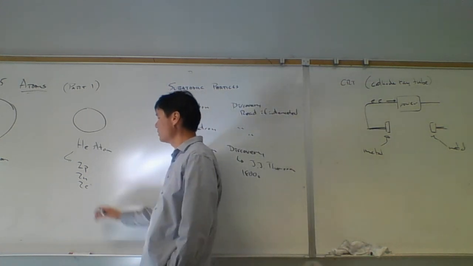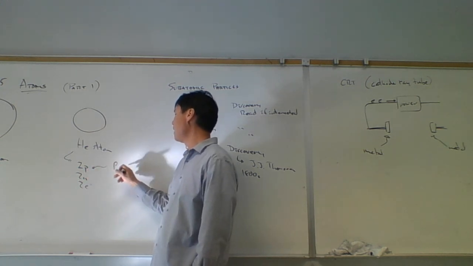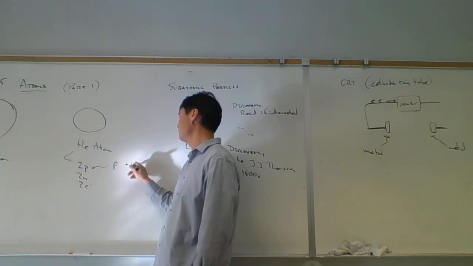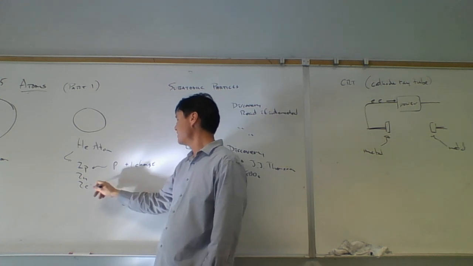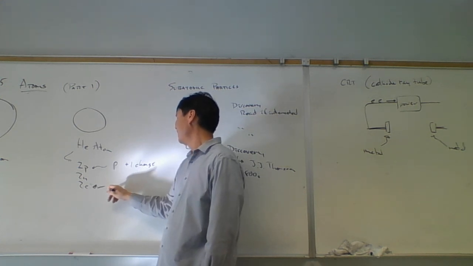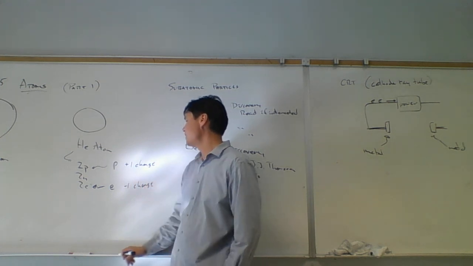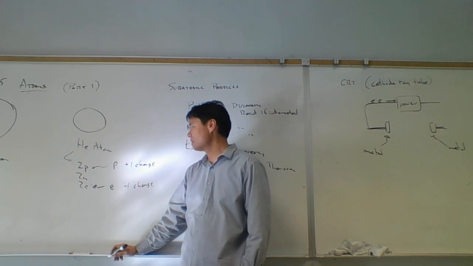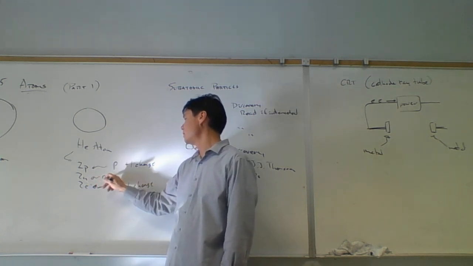I haven't talked about this yet, but protons are positively charged, so they have a charge of +1. Electrons have a -1 charge. And so what happens is the +1 charge of the protons balances out with the -1 charge of electrons. Neutrons are neutral, so those don't have any charge.